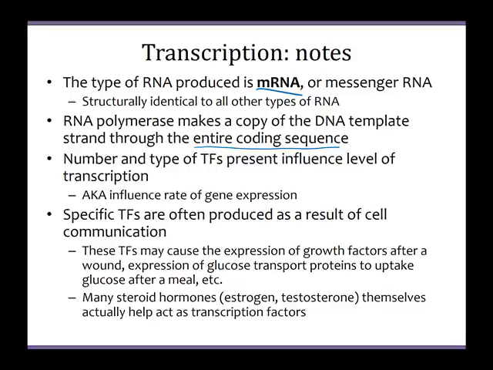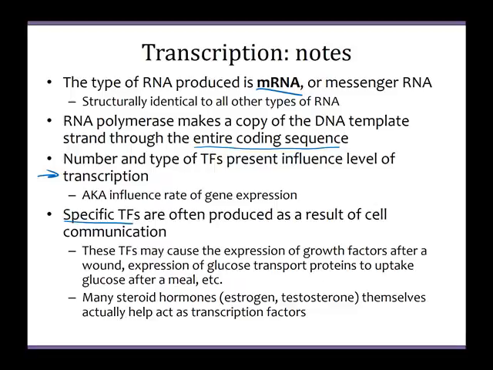And how thoroughly RNA polymerase attaches to its gene is based on the number and type of transcription factors that are present, right? We've been hammering this home. And specific transcription factors are often produced as a result of cell communication. We saw that with vitamin D, didn't we?